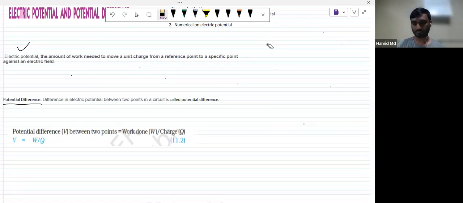It is the amount of work that is needed to make charged particles travel from one point to another point in the electric field. It's hardly audible to me. You have to speak a little louder. It's not audible at all.